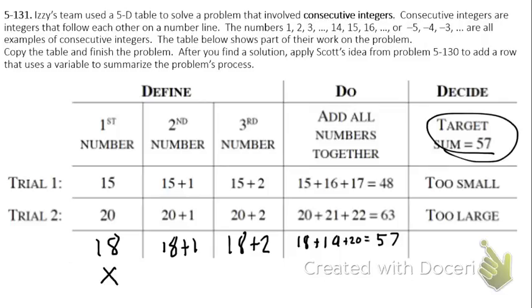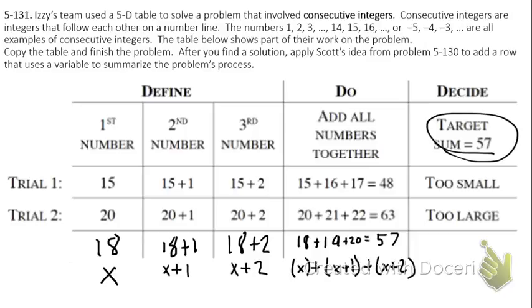So how do we get the second number? We get it by doing x plus 1. How do we get the third number? It's an x plus a 2. Therefore, this is going to be x plus x plus 1 plus x plus 2.